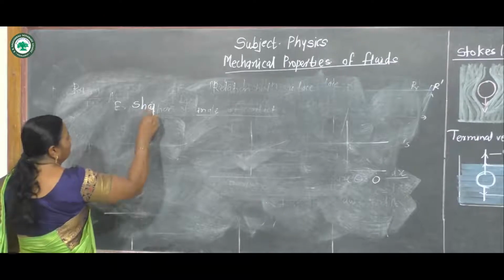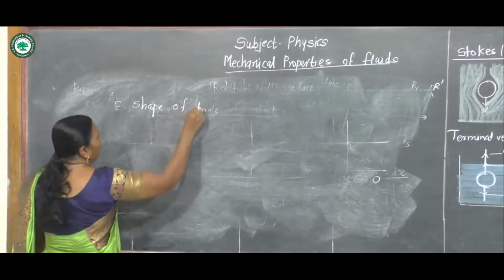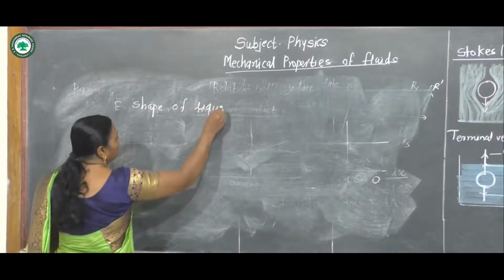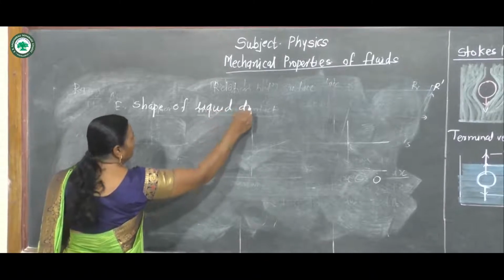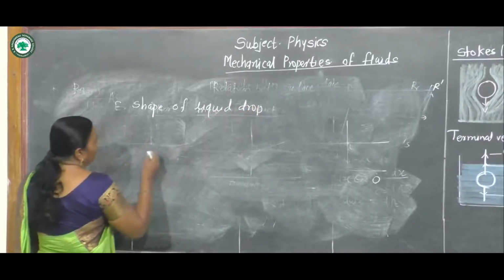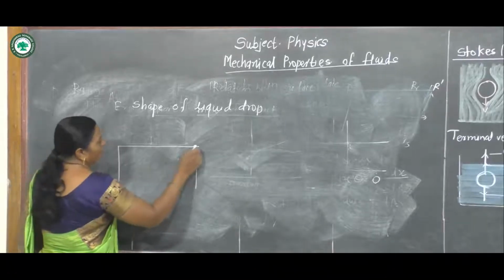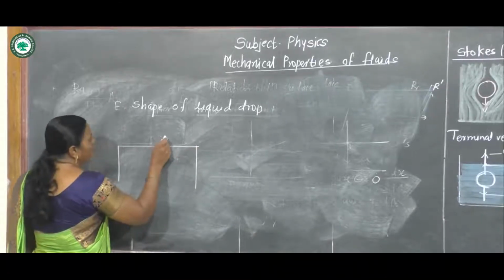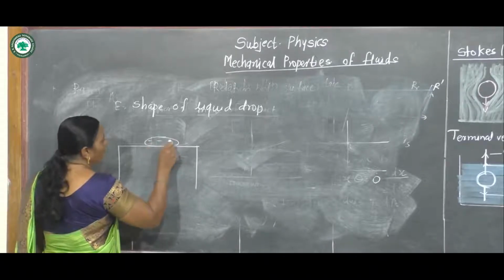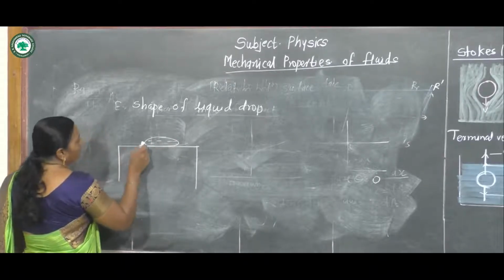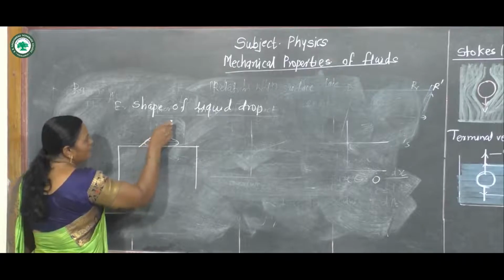Shape of liquid drop. Suppose this is the solid surface, then this is the liquid drop. This is the tangent.